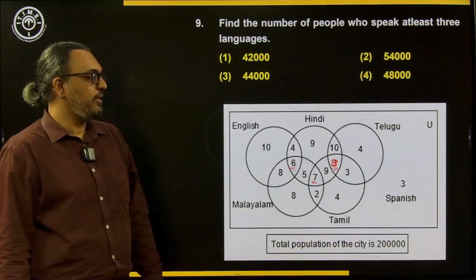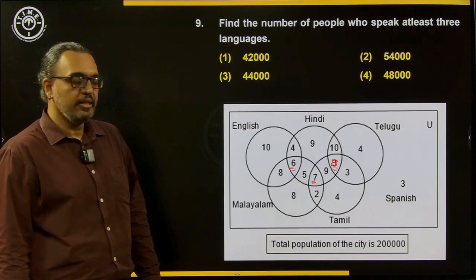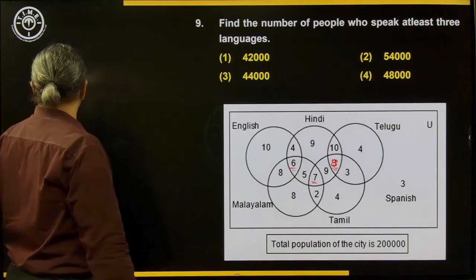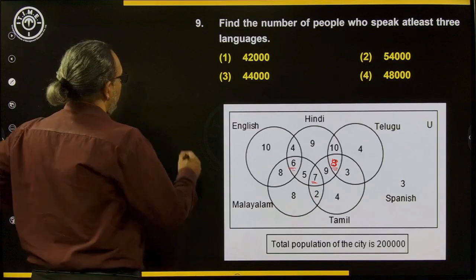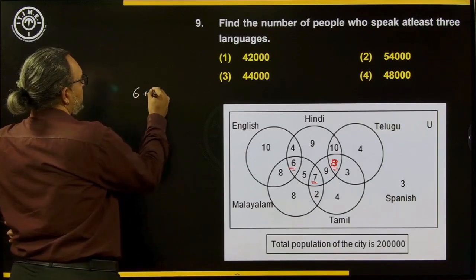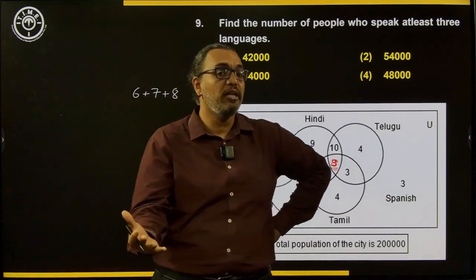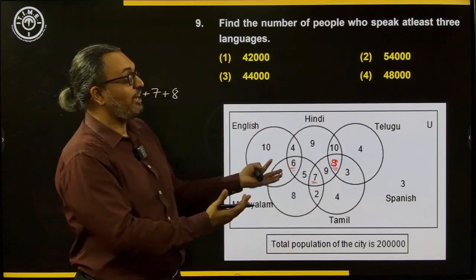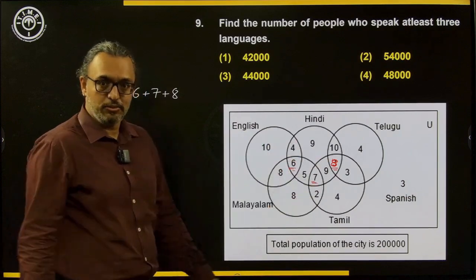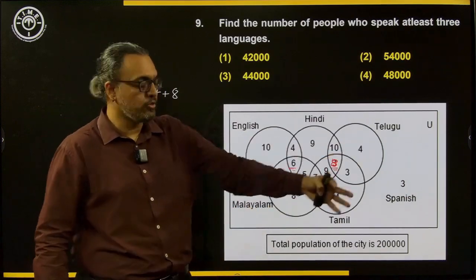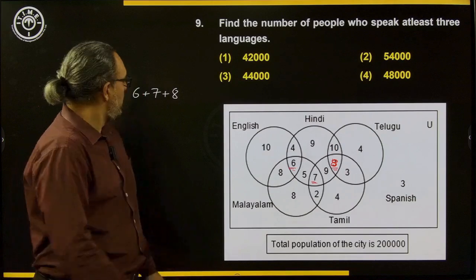These are the only 3 that satisfy. Correct? So 6, 7 and 8. So we take 6 plus 7 plus 8 because he said at least 3, minimum is 3, but I don't have anybody speaking 4, 5 or 6 languages. You can take more than 3 also, but that is not happening here.